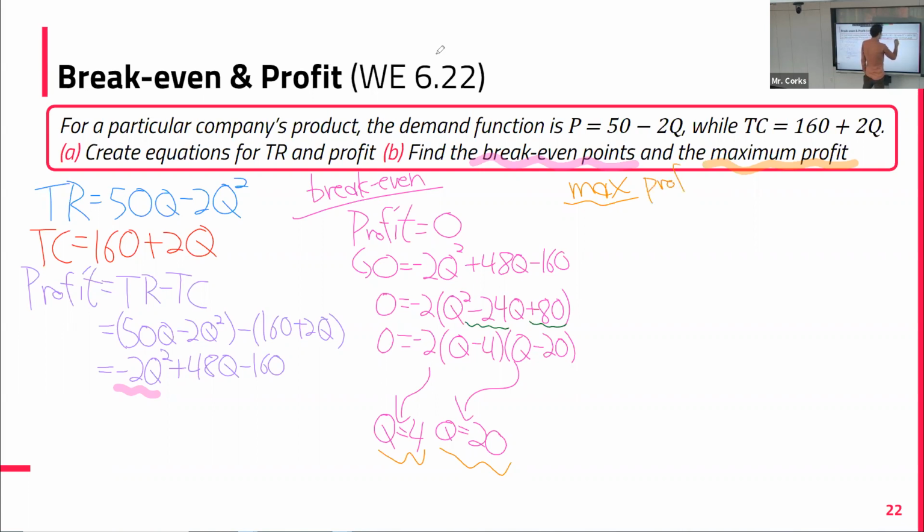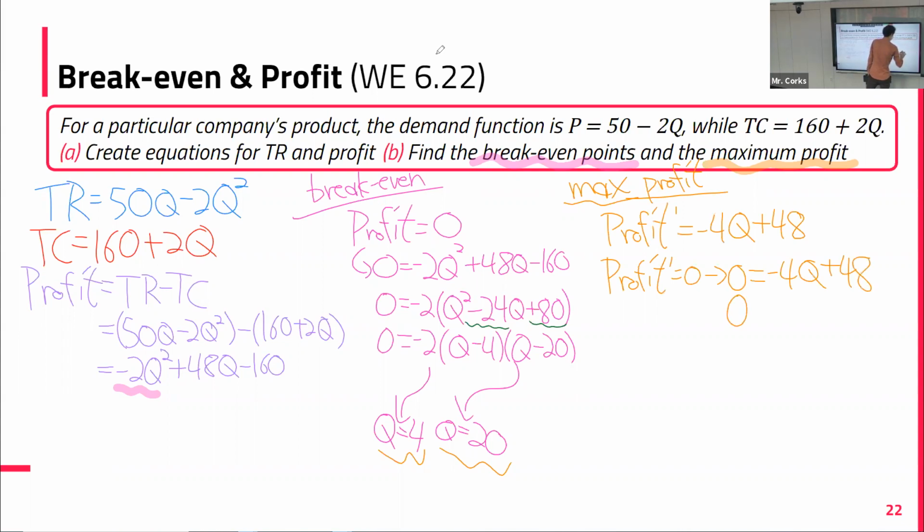So max profit is going to come where, well, first of all, we need our derivative. So profit prime here. What will that be? -4q plus 48. That equal to 0. 0 is equal to -4q plus 48, and therefore q is equal to 12.